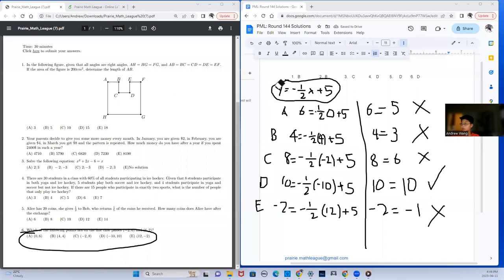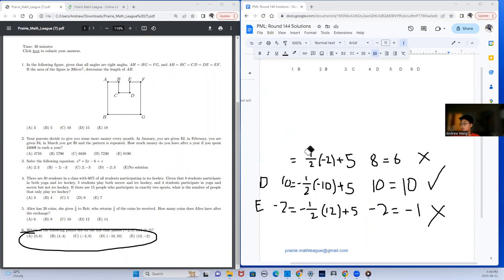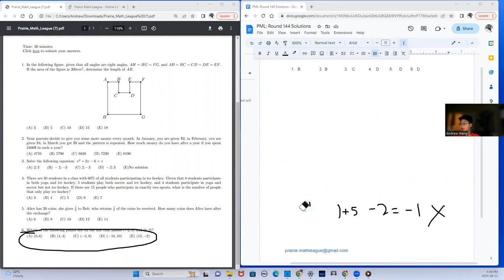And let's erase that. So yeah. Let's erase all of this. So we have gone through all the questions, all the solutions, correct answers, and how to do each of these questions.